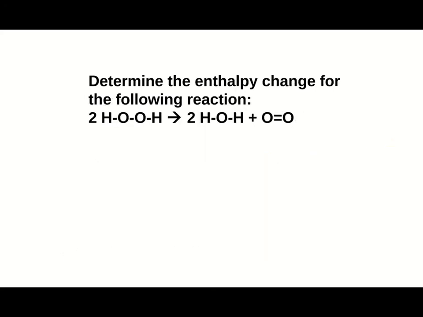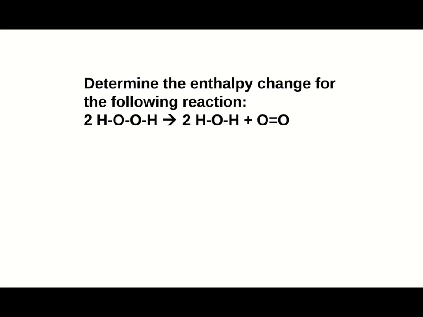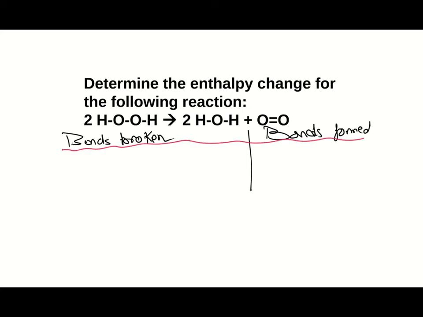Similarly, you can answer this question here. Just look for the bonds broken and the bonds formed. Bonds broken, we have here H-O, H-O times 2, I have 4 H-O.